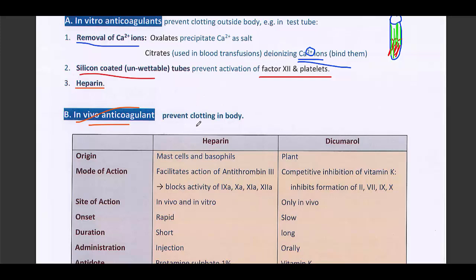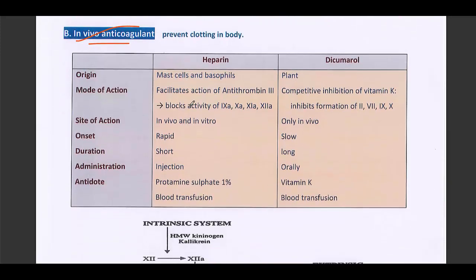It simply prevents clotting inside the body. It is done by two drugs. The first drug is heparin. The second is dicumarol. So let's get started with heparin.